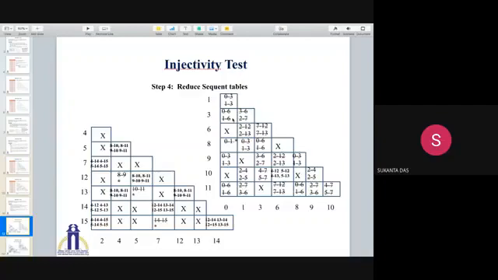So in the first level, I cannot cross out 1 and 6, but I can cross out 0 and 6. In the second level, when I see that all the entries of 1 and 6 are crossed out, then I can cross out 1 and 6. So 0, 6 was crossed out before, now 1 and 6 is crossed out. So the whole set 0 and 3 is crossed out.